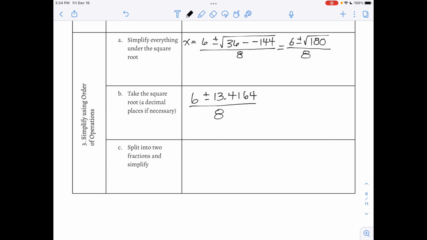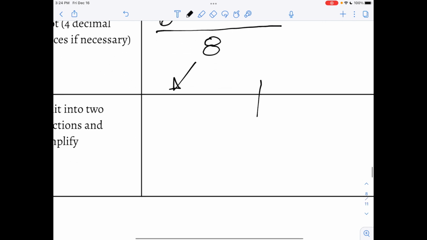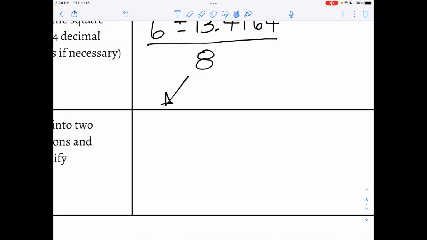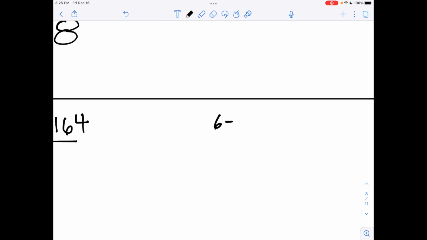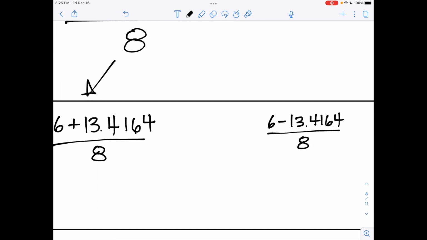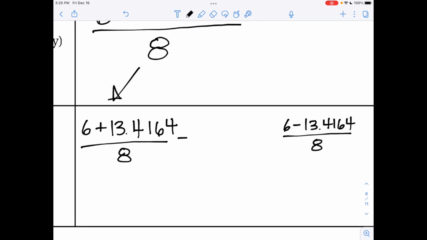All right, final step. We're going to simplify into our 2 fractions. I'm zooming in on this so that we can fit it. Okay, so 6 plus 13.4164 over 8, and 6 minus 13.4164 over 8. All right, let's do some simplifying here.